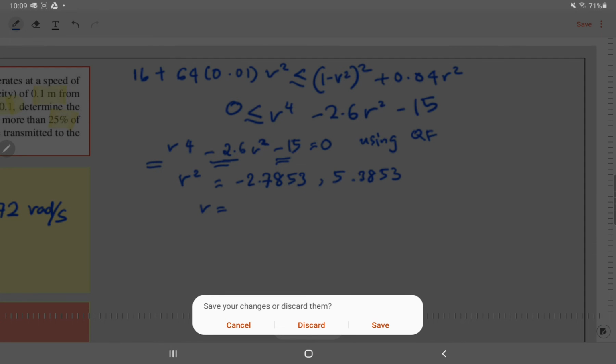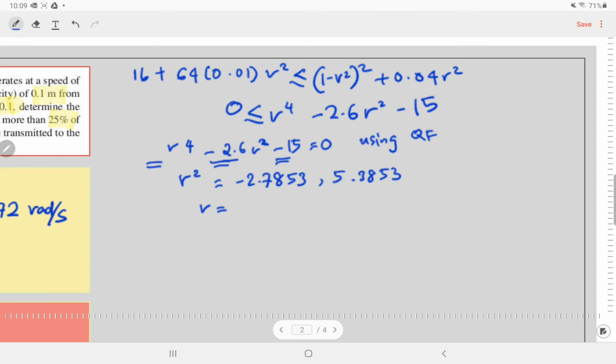Use the positive root. So based on your positive root, your r is equal to the square root of that value. So you get 2.33206. So remember, we defined our R as omega over omega n.